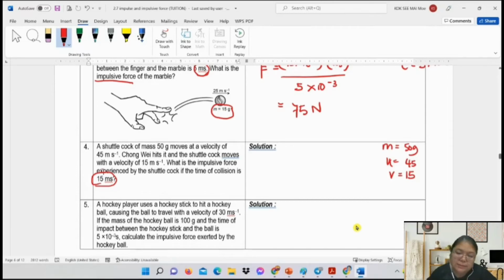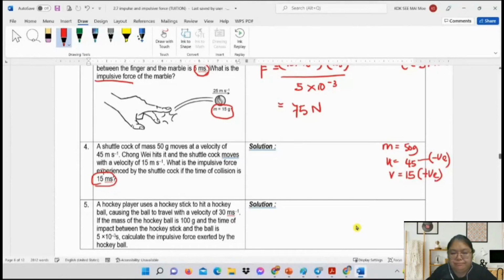When you hit it back, remember one should be negative. Normally I suggest you take the final as the positive direction and the initial as the negative direction. So from here we can do the calculation.